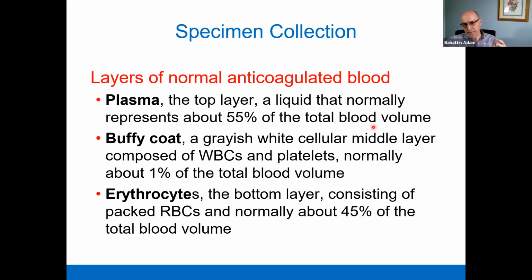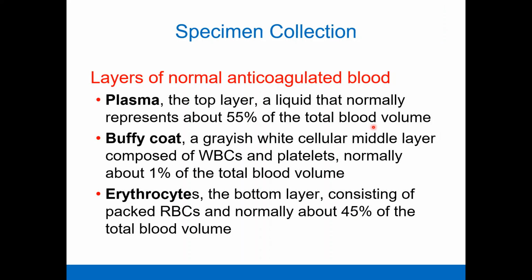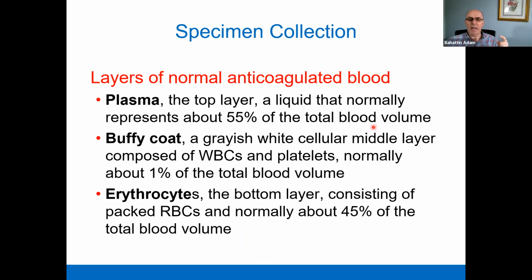once you collect the blood, as you see here, the layers of the normal anticoagulated blood are plasma, buffy coat, and erythrocytes. You may notice that about 55% of the total blood volume is plasma, and 45% is erythrocytes.